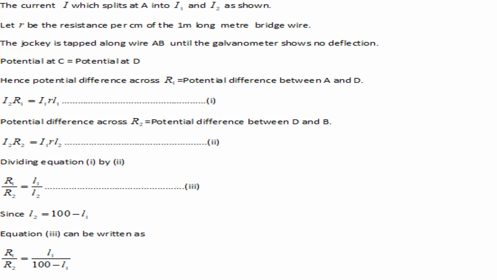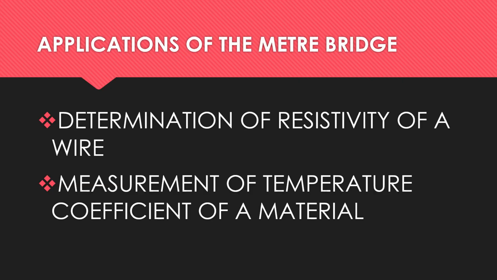Please take note of that. Also note that the length L2 is 100 minus L1. So we can as well write that equation as R1 over R2 is equal to L1 divided by 100 minus L1. So this is the derivation of the balance condition of a meter bridge.